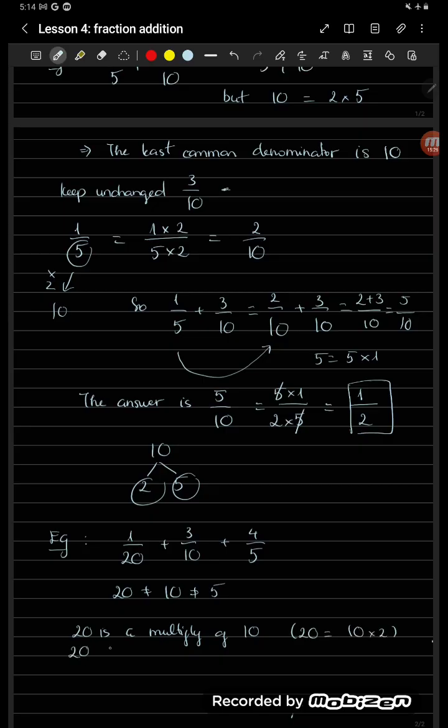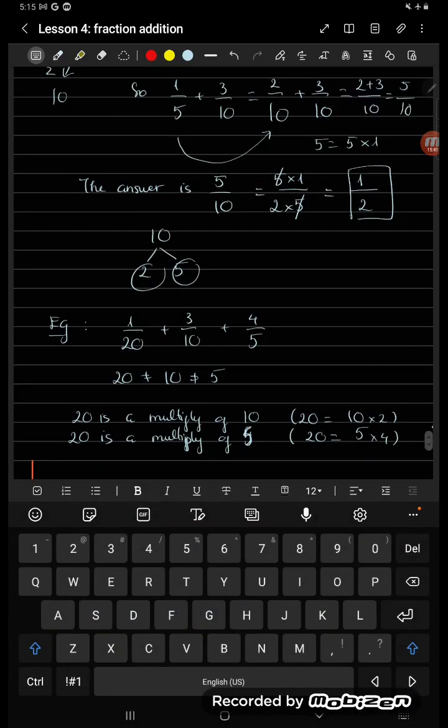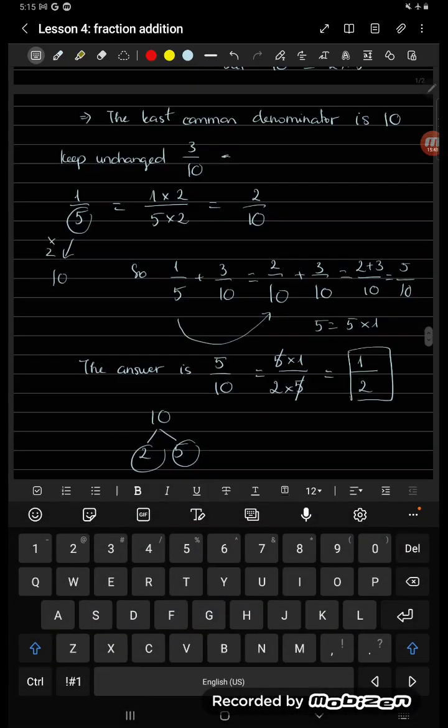And we also have 20 is a multiple of 5, because we can write 20 as 5 times 4, right? So it meets the conditions of case 2 here.